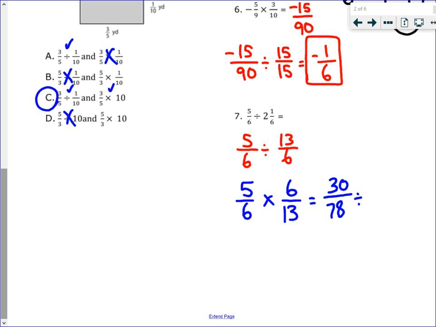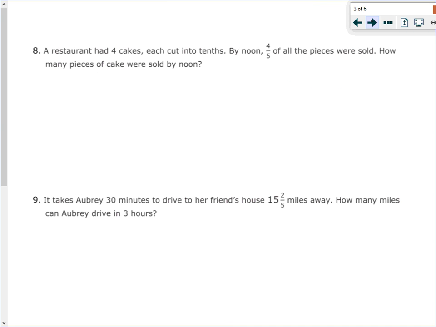I'm going to divide both those by 6 to simplify it, which gives us 5 over 13. So our final answer is 5 over 13. 78 divided by 6 is 13. 30 divided by 6 is 5. So 5 over 13 is our final answer for number 7. Let's keep it going here.